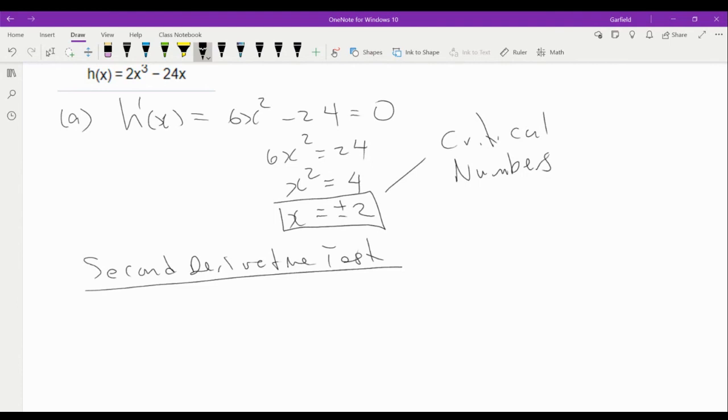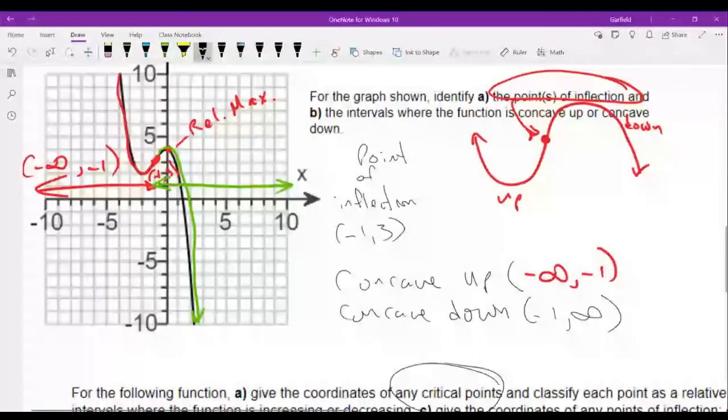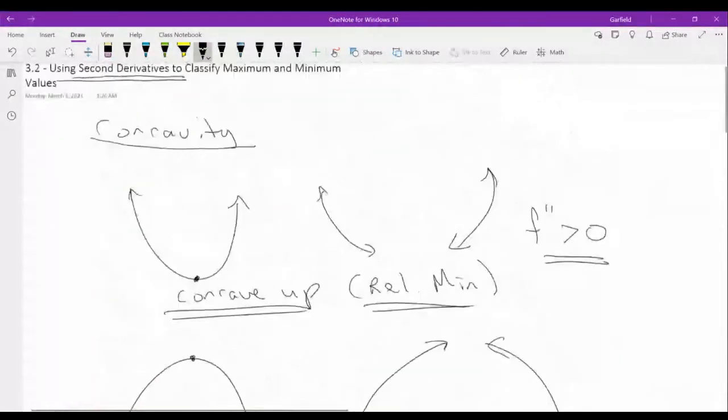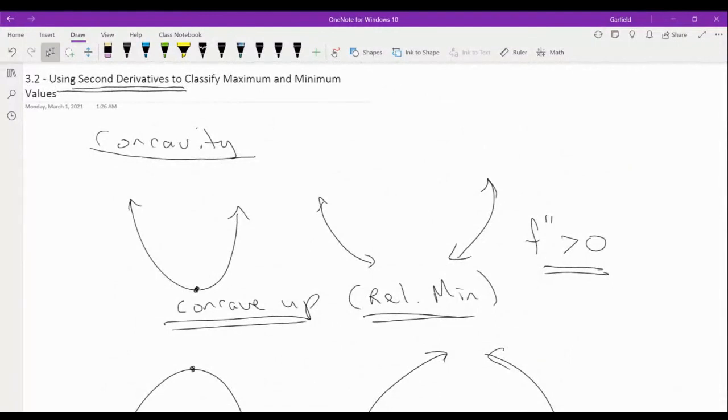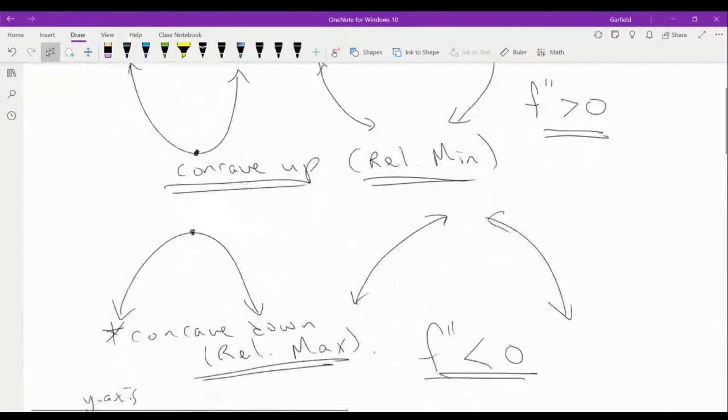And the second derivative test says if f double prime of the critical numbers is greater than 0, which is what we have above when we talk about this, then it's a relative min, right?